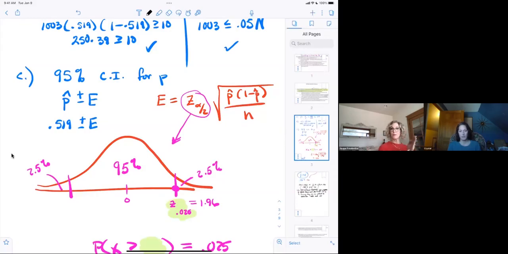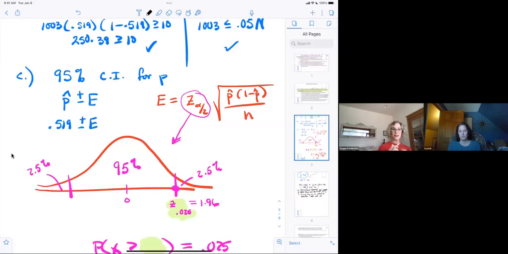But you're taking your statistic, your p hat, your sample statistic, your point estimate. I'm using all the words that you've been taught. So your point estimate, your sample statistic, your p hat, your sample proportion, and you're adding and subtracting this error.